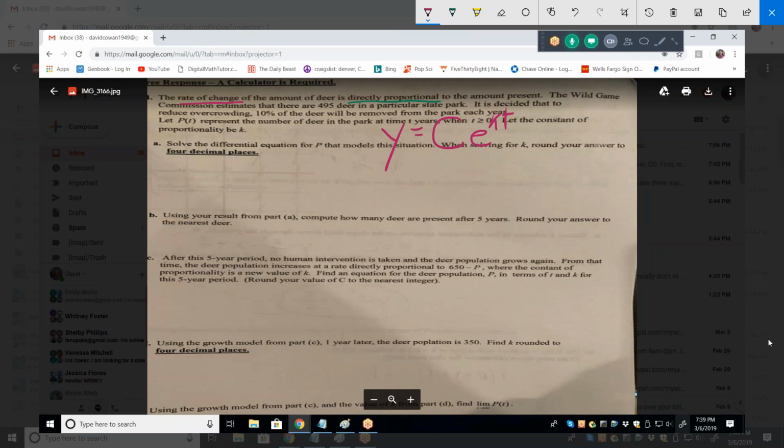Based on that statement, if you solve that differential equation, you get this. And this equation covers all of these situations. Whenever something is directly proportional to the amount present, this is the equation that governs it. Okay. Now, the Wild Game Commission estimates there are 495 deer in the park.